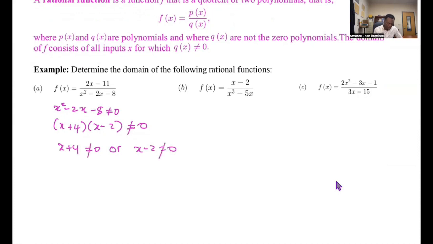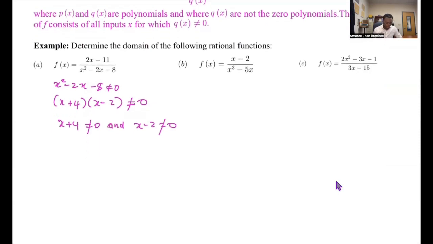We don't want those two to be 0, and in this case it will be and. We want both of them not to be 0. Then we can subtract 4 on both sides: x is not equal to negative 4, and we can add 2 on both sides: x is not equal to 2.